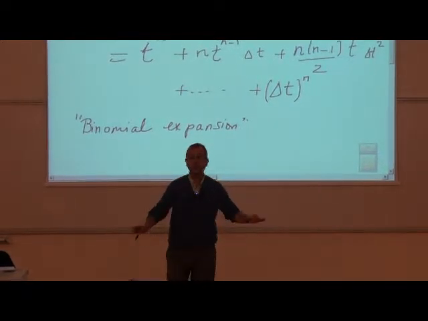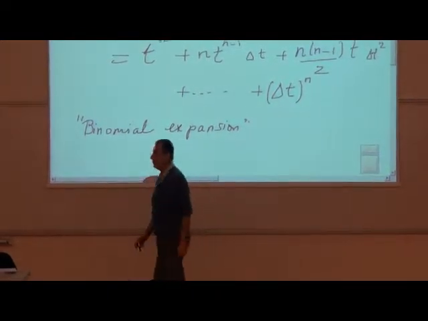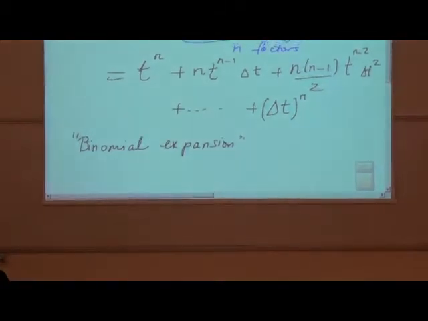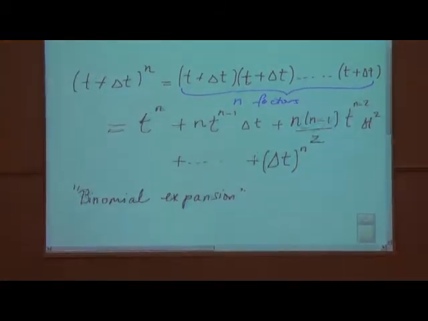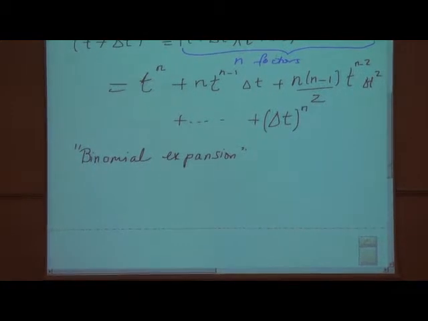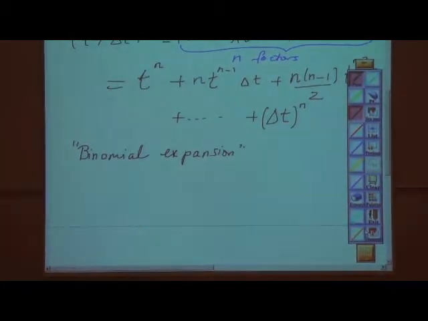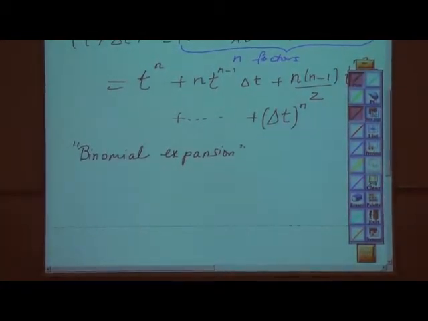Okay, so we know how to calculate c times t plus delta t to the n. And now let me use it. Any questions about this?